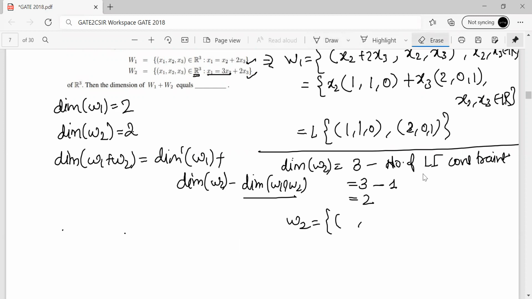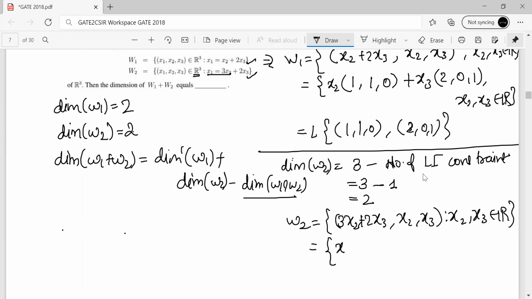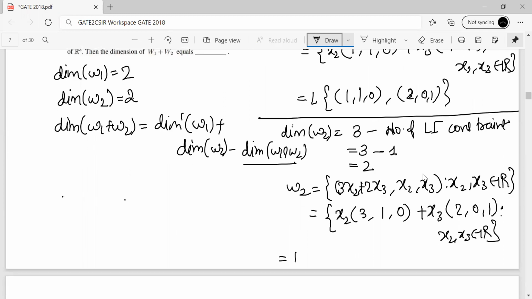So 3 x2 plus 2 x3, comma x2, comma x3, such that x2 and x3 are coming from the set of reals. I'll take x2 outside and get 3, 1, 0, plus x3 times 2, 0, 1, such that x2 and x3 belong to the set of reals. So it is again a linear span of 3, 1, 0 and 2, 0, 1.